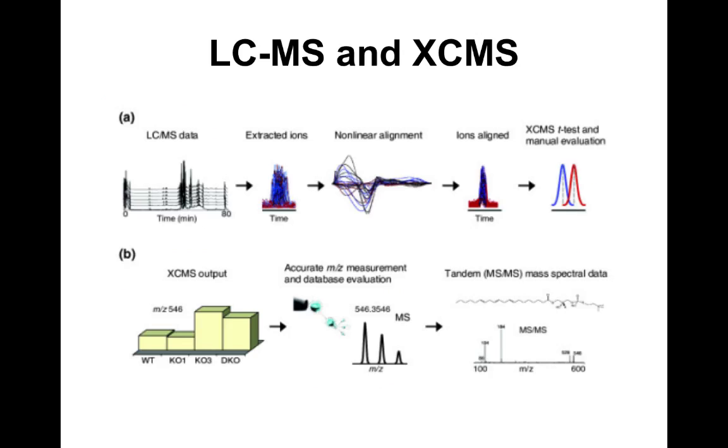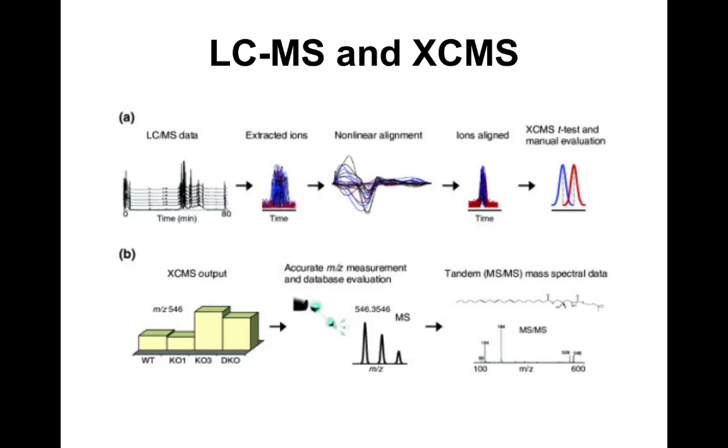So this is the general workflow for XCMS. It's an untargeted technique. The idea is to upload lots of LCMS data, 10, 20, 100, or 1,000 spectra. You get the extracted ion chromatograms. From there, you will then perform an alignment.